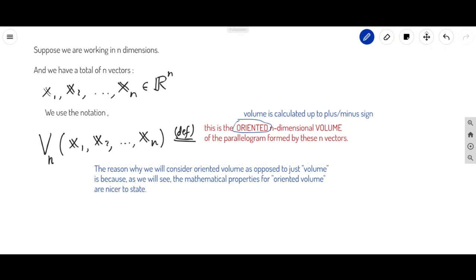It's a common theme in mathematics that if you want to introduce a concept, it's often better to introduce it as an oriented concept.